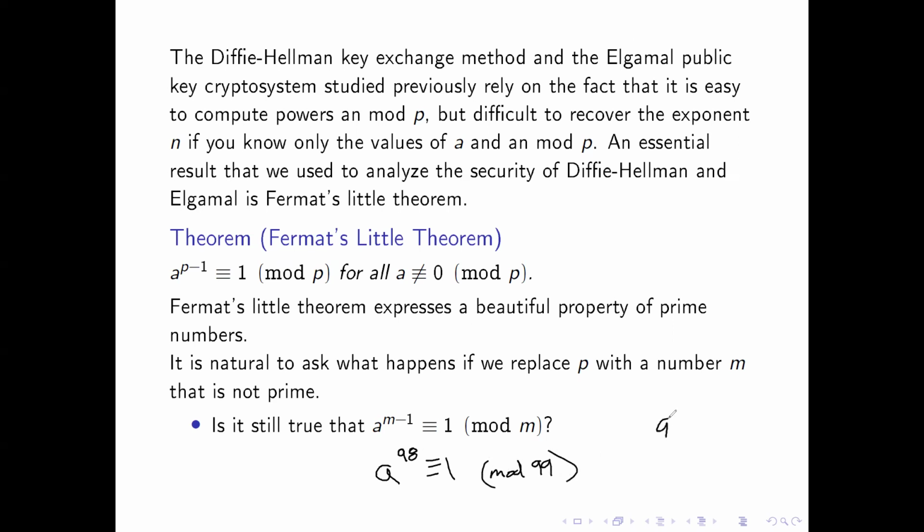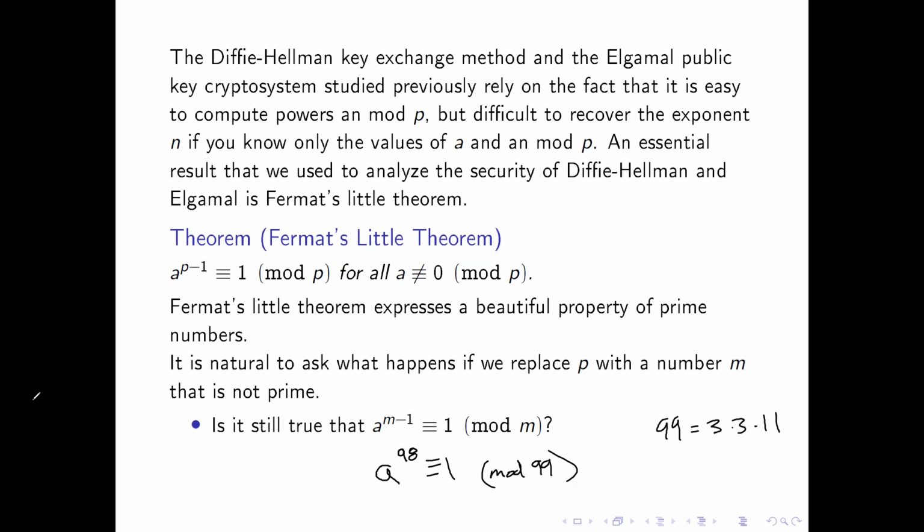Because we know that 99 is equal to 3 times 3 times 11. So is that true for every a value I can pick? Because that's true for Fermat's little theorem. And it turns out it's not true. We can pick some values real quickly and see that this does not hold true.